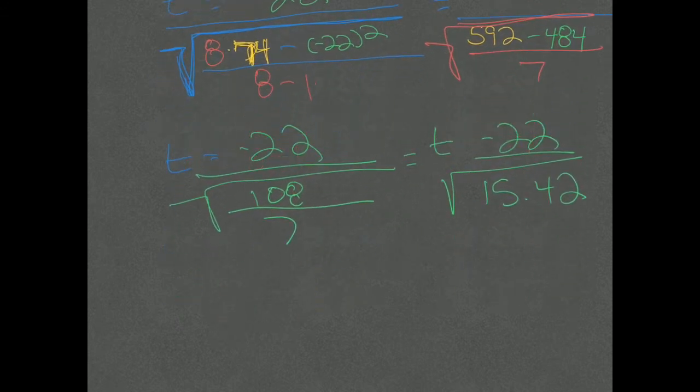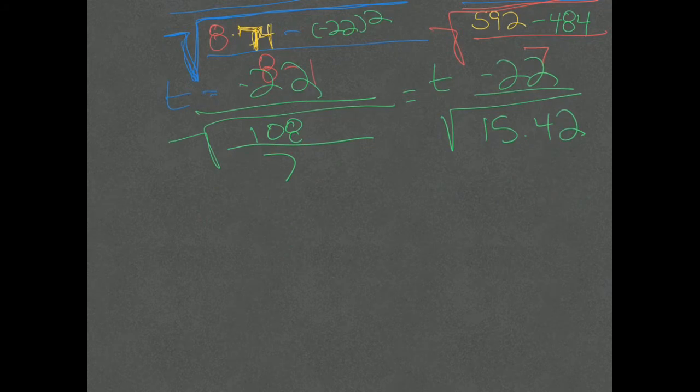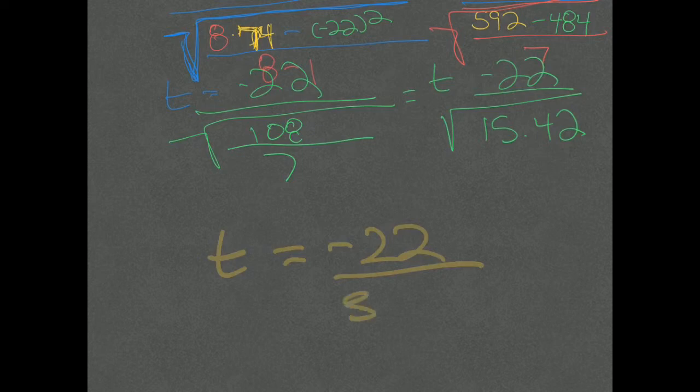And then finally, everything goes up. We're going to do this in, say, yellow. Apparently this is yellow marker on a blackboard, so enjoy. We have negative 22 over the square root of 15.42, which is 3.928. Woohoo!